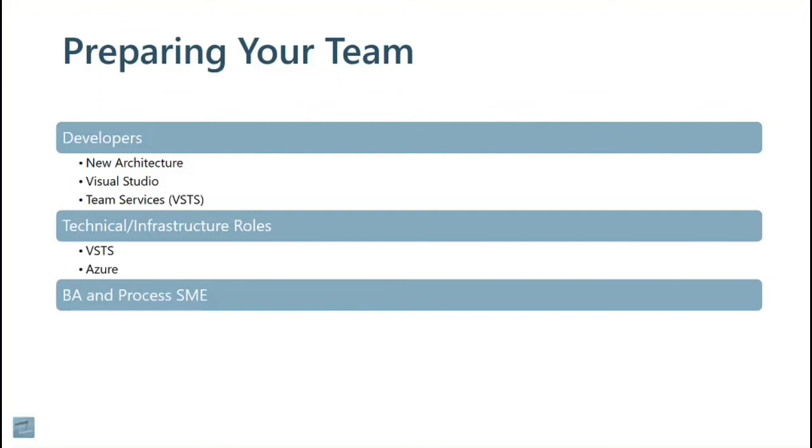If you have business analysts and process subject matter experts, or your end users for that matter, I mentioned earlier that if you're coming from AX 2012 R3, a lot of the functionality is the same. So that's great for these people. They don't have to retrain themselves top to bottom on the functionality of the system. One of the big hurdles that we've seen is user interface familiarity.